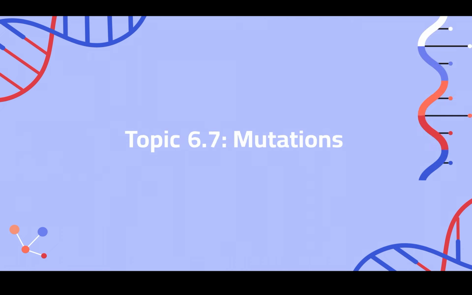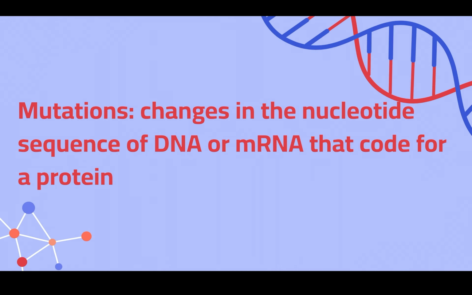And then let's go to topic 6.7, which is mutations. Mutations are changes in the nucleotide sequence of DNA or mRNA that code for a protein. A few general points about mutations: they are the primary source of genetic variation, and they're caused by mutagens, which are basically environmental factors like radiation, chemical exposure, or sunlight.